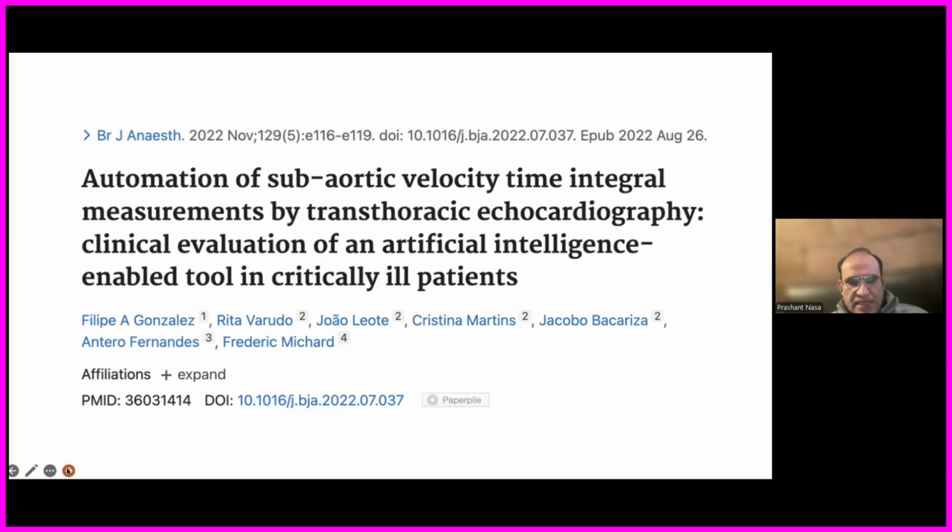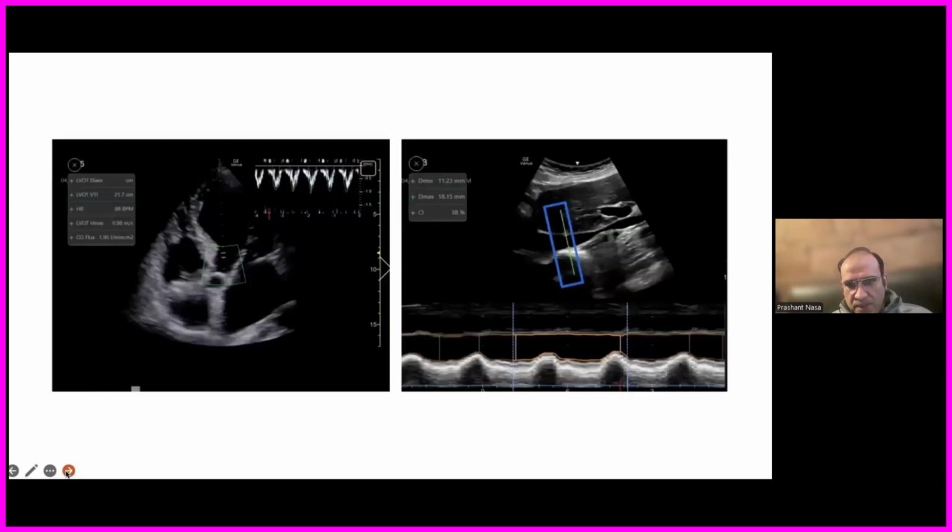So we know VTI is a very validated tool now, which is used on a daily basis to identify the etiology of shock, but also to assess fluid responsiveness or volume responsiveness by using passive leg raising or other types of bedside hemodynamic tools. So whether automation can improve this so-called VTI tool, or the subaortic VTI tool, by artificial intelligence is something which has been looked at in this study.